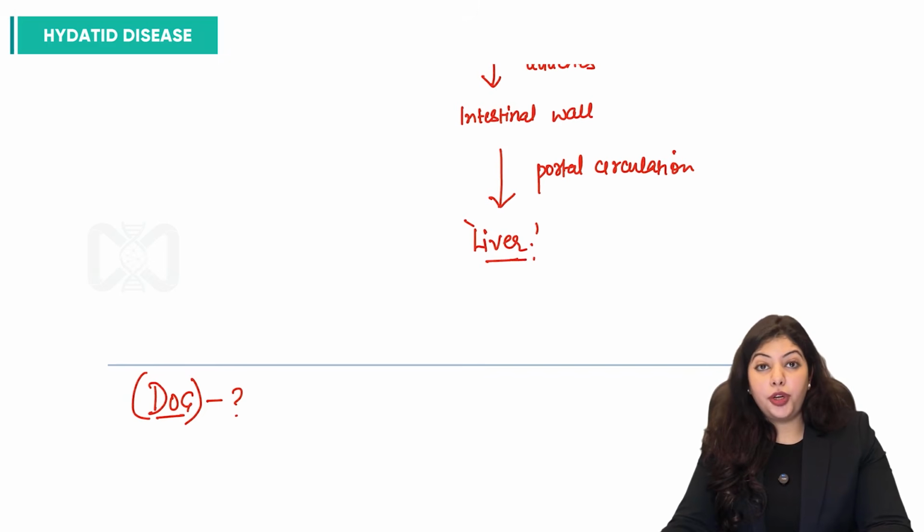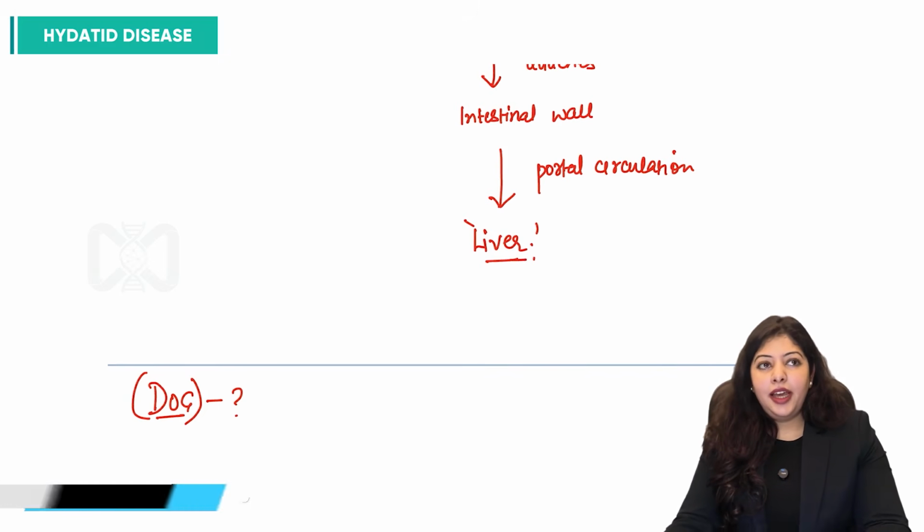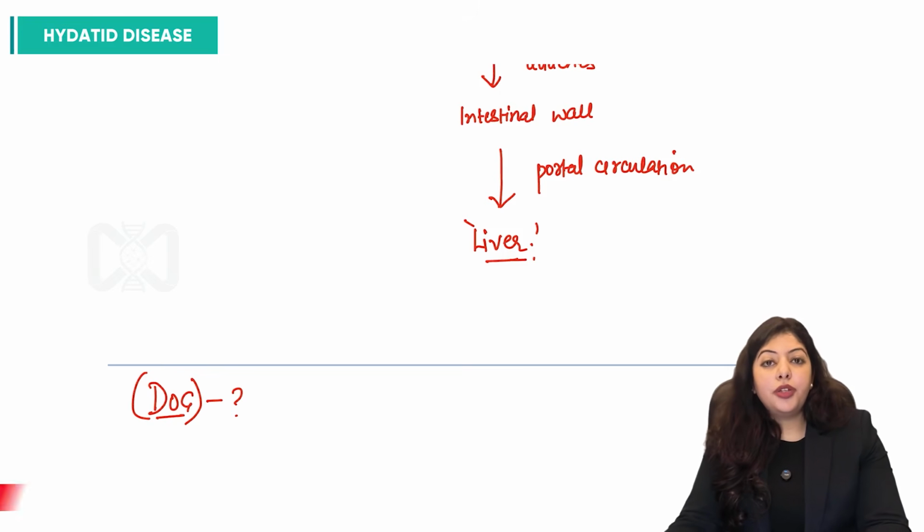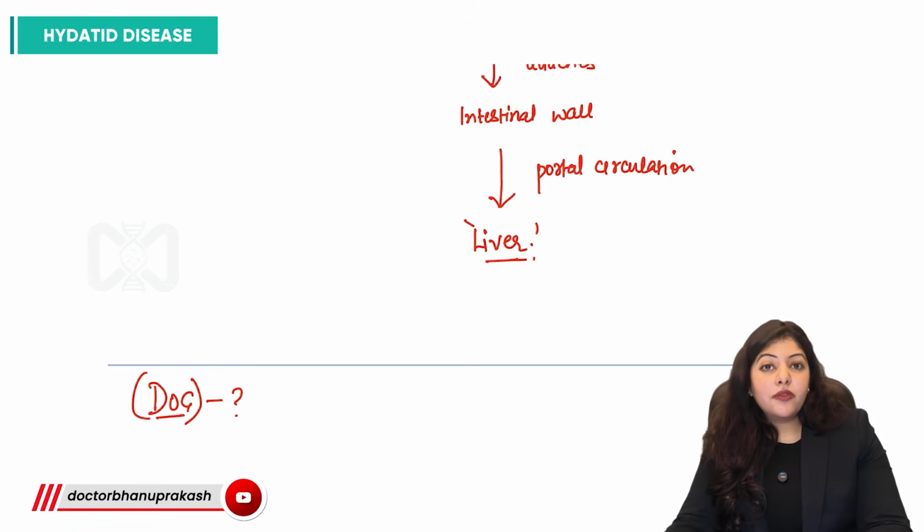You have a foreign body or a parasite inside, and our host body needs to get rid of it. So what is our body going to do about it? It is going to mount an immune response, and because of that, an inflammatory reaction is going to occur, right?